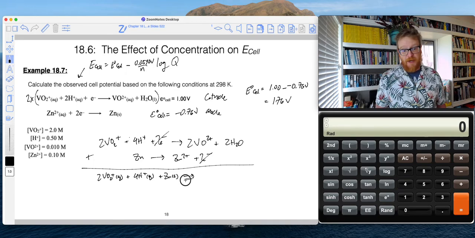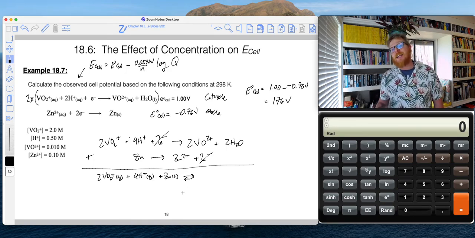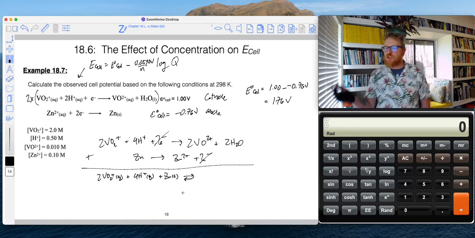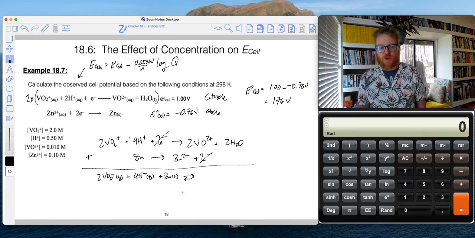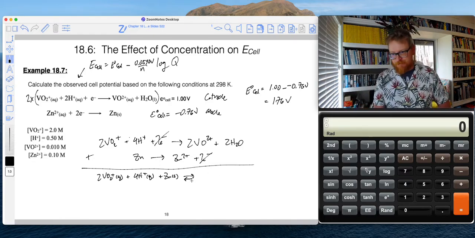And we should recognize now that this is an equilibrium reaction because I can drive these cells in the forward direction or the reverse direction. So I'm going to write that as an equilibrium reaction. And now that's zinc 2 plus aqueous plus 2 VO2 plus aqueous plus 2 H2O liquid.